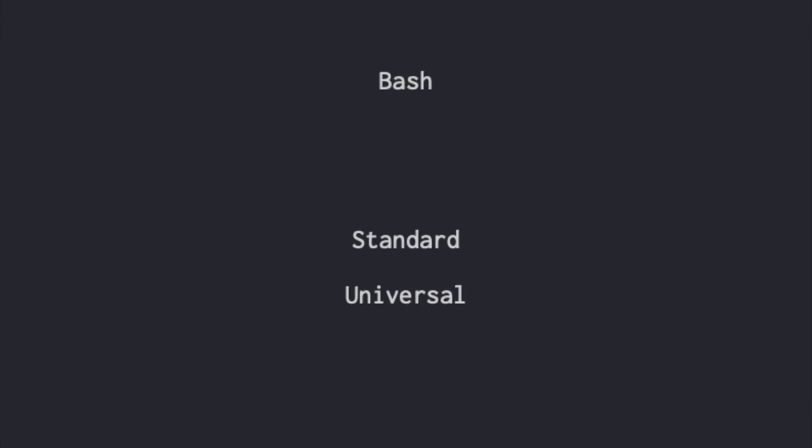Well, Bash is pretty standard and universal. What that means is if you run across a random computer, it will most likely have Bash installed. If you come across a random developer, they will probably know Bash. In short, it's practical.